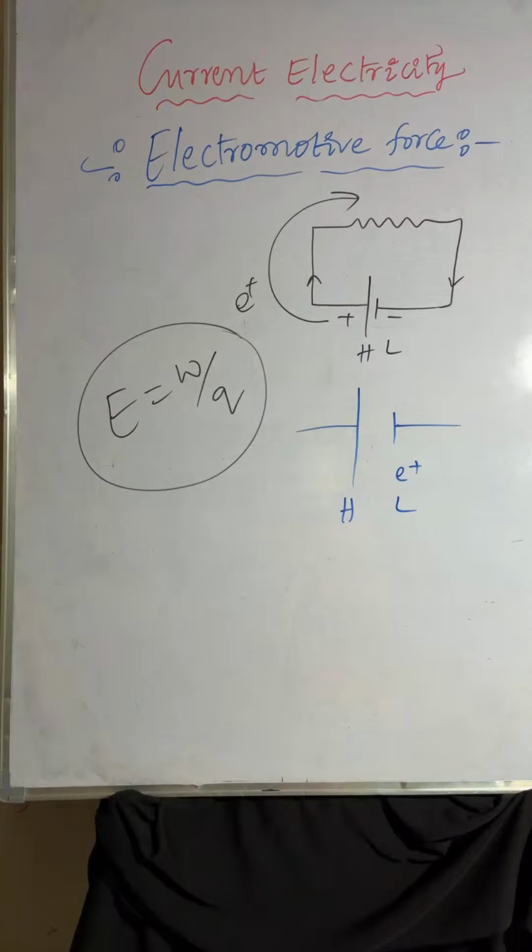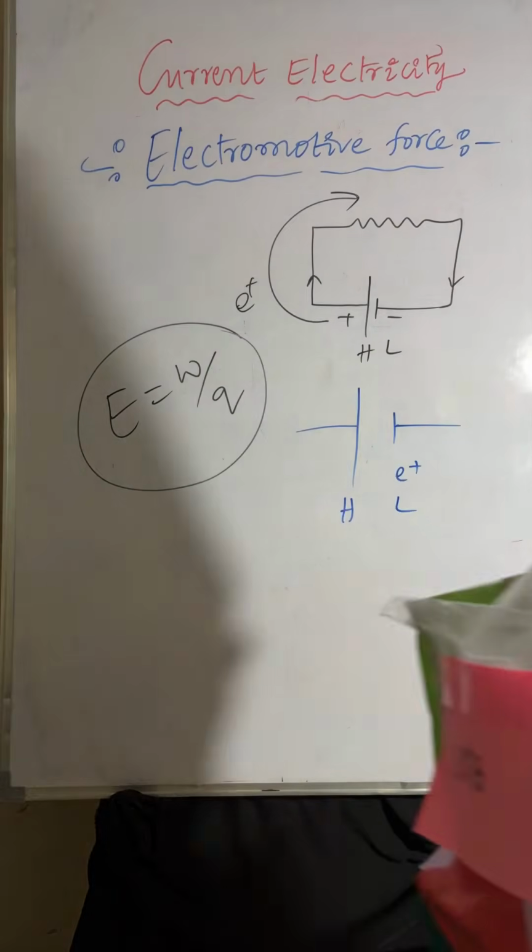The force which is required to move the positive charge from the negative terminal to the positive terminal, or from low potential to high potential, so the work done by the cell on the charge is called electromotive force. E equal to W by Q. I hope it is very clear, right?